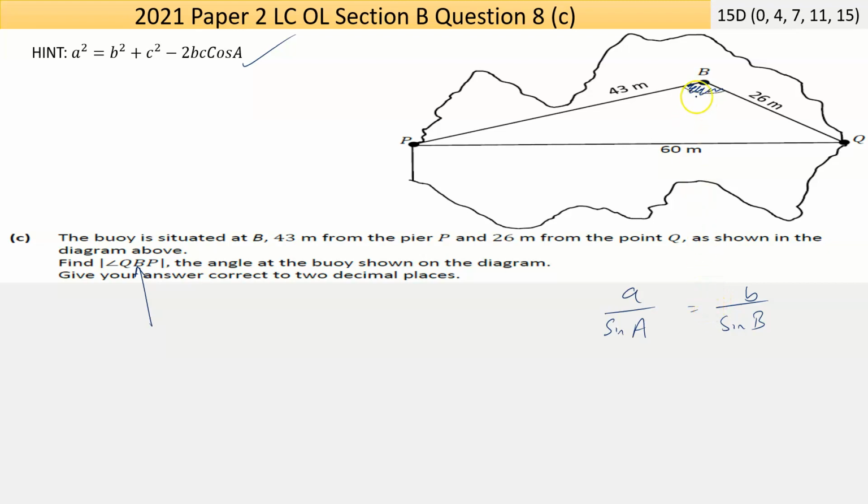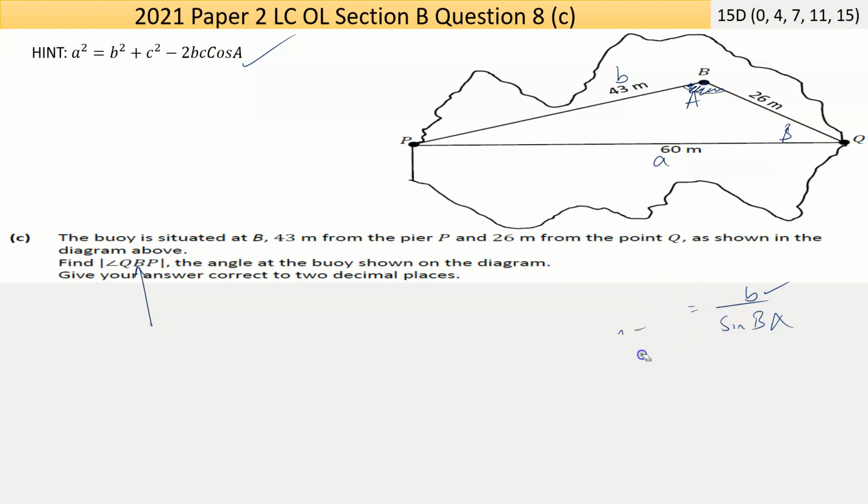I'm going to call this angle A and this side a. Now I have two other sides, so I could call this b and this angle B. Do I have side a? I do. Do I have angle A? No. Do I have side b? I do. Do I have angle B? No. So I only have two of the four. The sine rule is not applicable here.